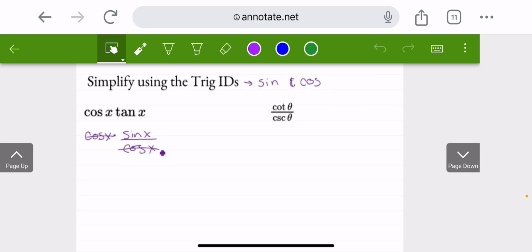So cosine x tangent x is the same thing as sine of x. So this is our answer. We're going to put everything in terms of sine and cosine so that we can simplify.